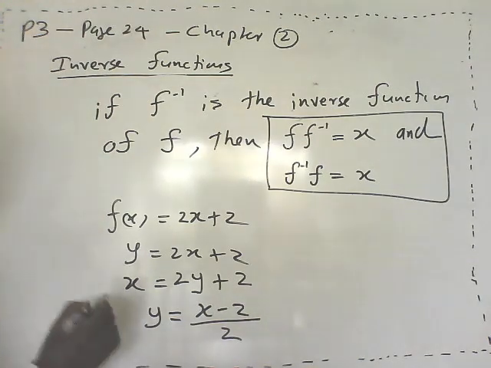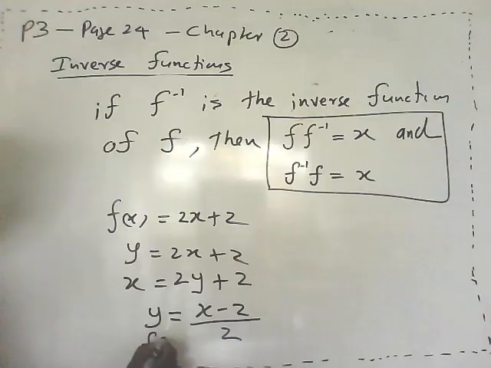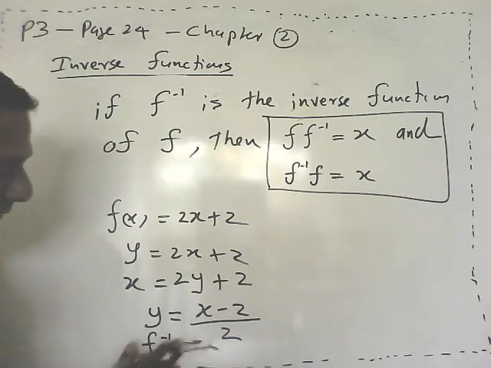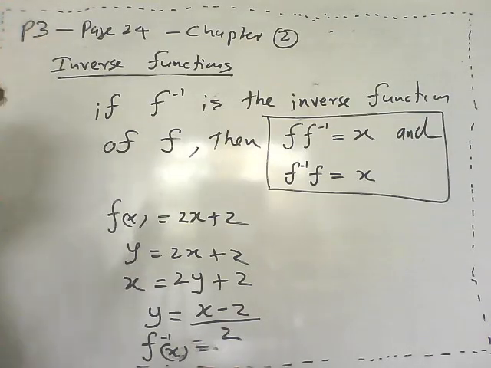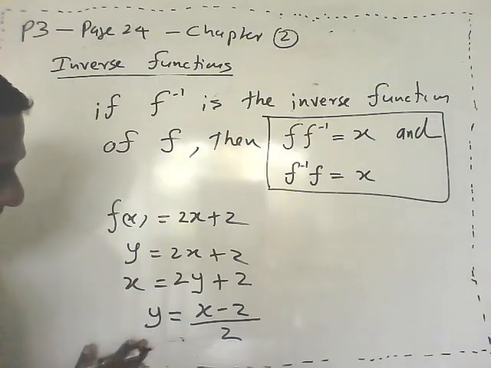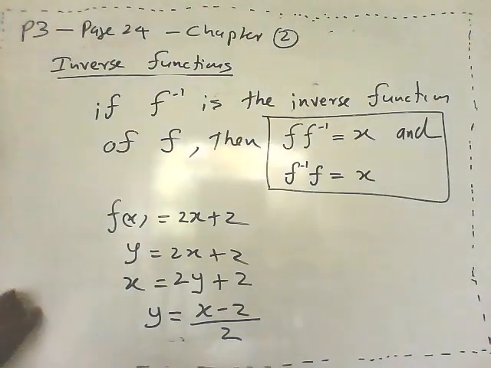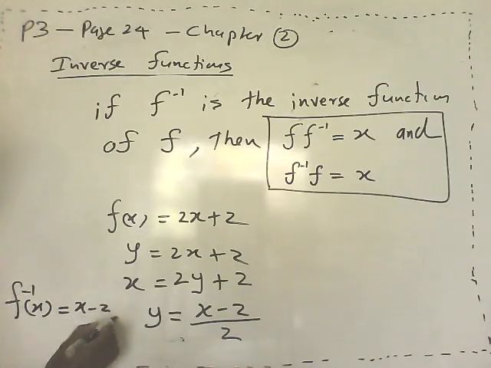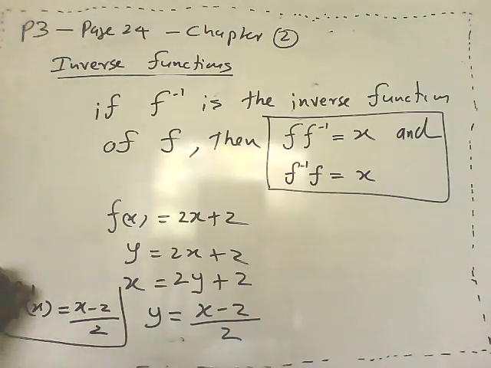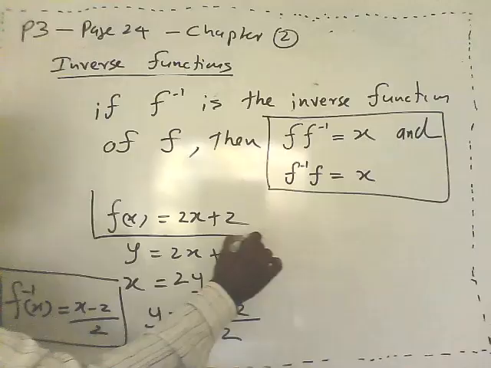So this is f inverse of x. See the property, I hope you can see. So f inverse of x is equal to (x minus 2) over 2. This is our inverse function and this is the f(x) function.